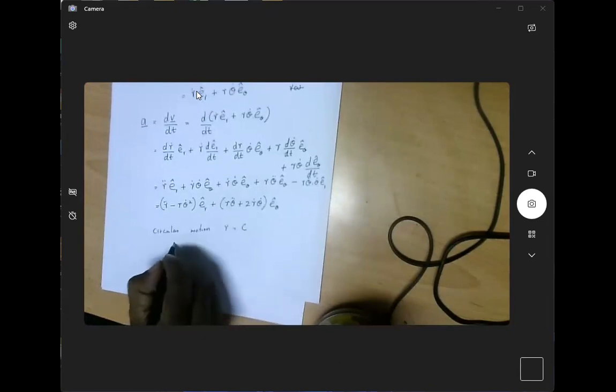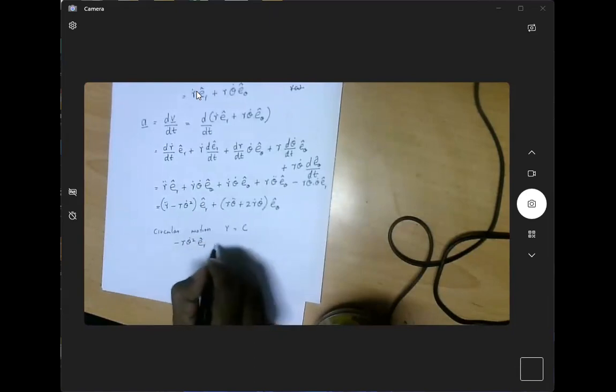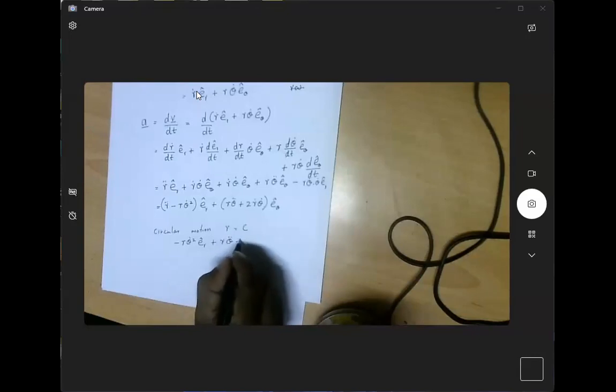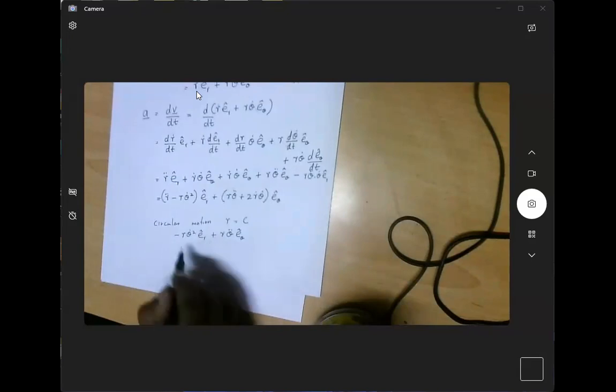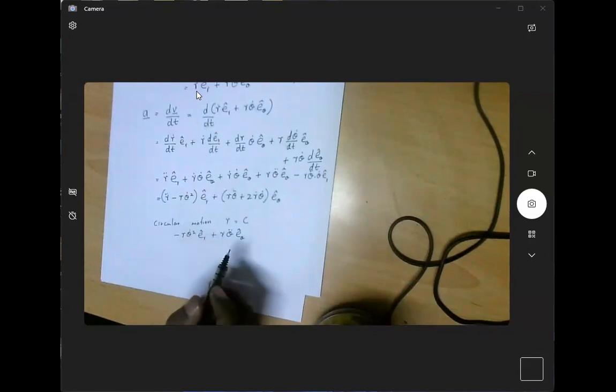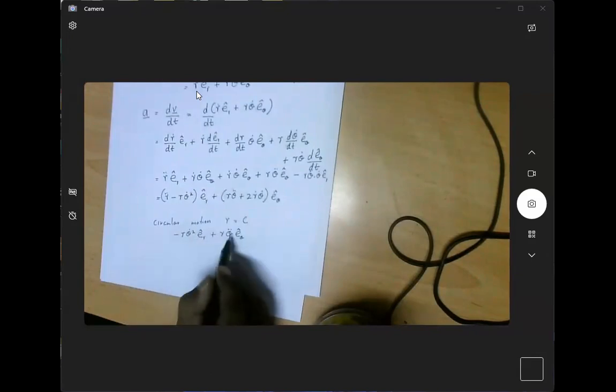Then you end up with minus r theta dot squared in the er direction plus r theta double dot in the e theta direction. What do you call these two? This is the what acceleration? This is centrifugal acceleration, and this one is the angular acceleration, right?